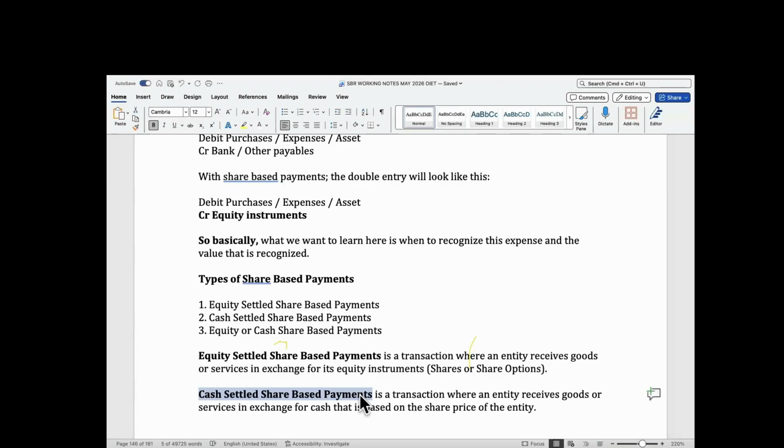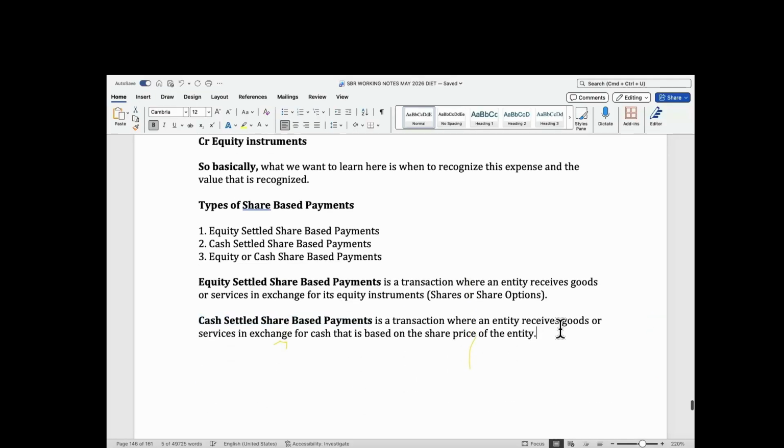It is based on the movement in the share price; it is attached to the share price of the company. So it is still a share-based payment, even though the company is paying with cash. But the value of that cash is based on the share price of the company.